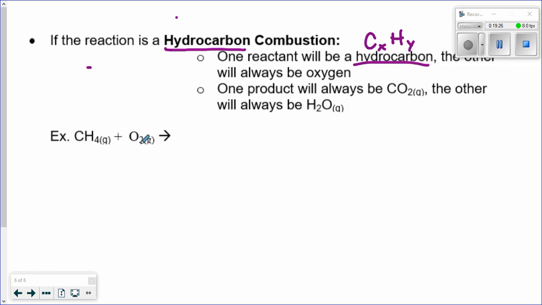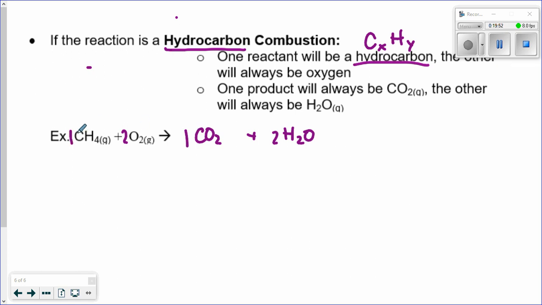So these ones, they're a pain to balance, but they're easy to figure out what your different products will be, because it's just going to be carbon dioxide plus water. And so you would have to balance that out. Again, I think we balanced this one last day. So this balances with a 2 here, and a 2 here, and a 1 here, and a 1 here.